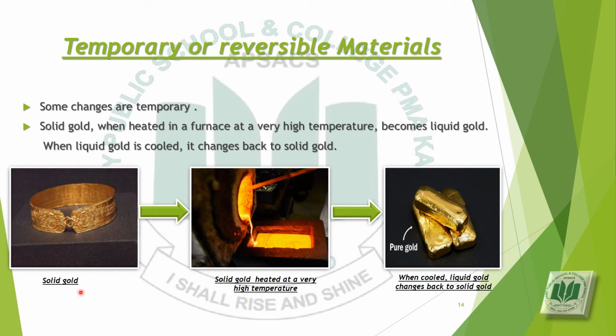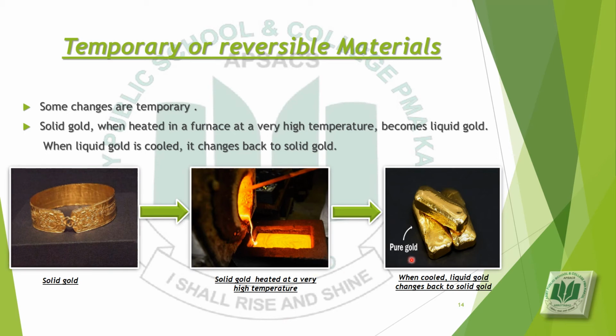So here we have an explanation of this example through a diagram. In diagram number 1, we have the solid form of gold. Students, when we heat solid gold at a very high temperature, it is converted into liquid form.